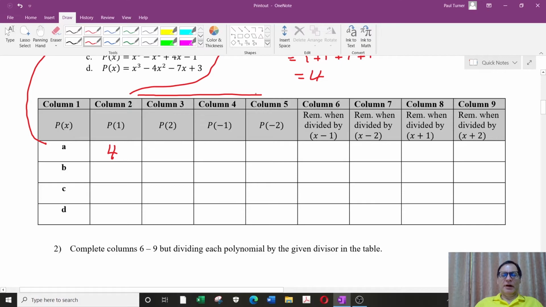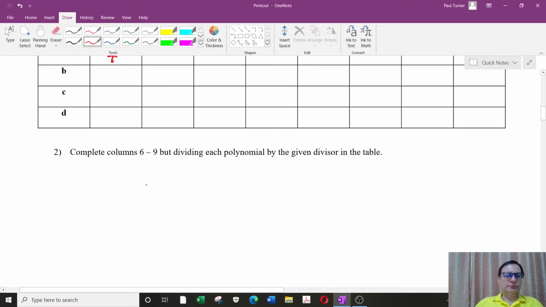Okay? But for column 6, what we need to do now is practice your division again. So we're going to divide your polynomial by x minus 1. So we'll do that down here. So let's review our division.